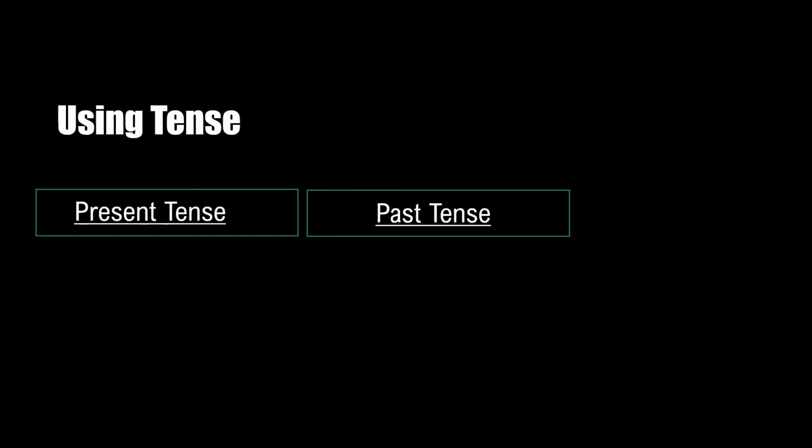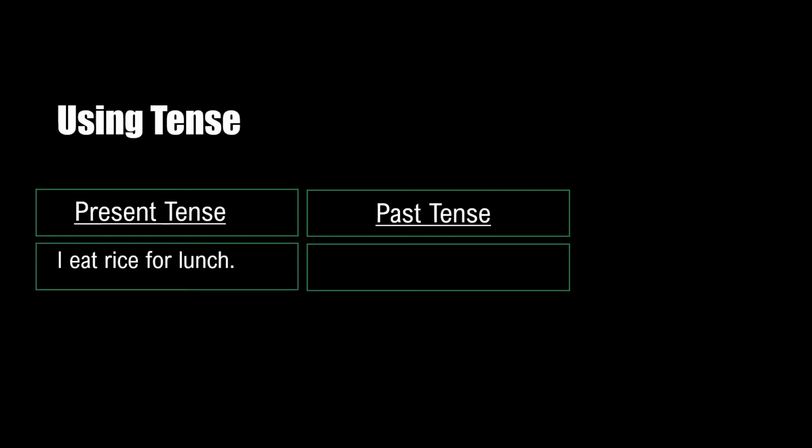Using the tenses. So when do we use present tense and when do we use past tense? Let us look at a few examples. I eat rice for lunch. This means I am eating rice every day or normally, that is what I have for lunch. So the verb in the present tense eat means something I am doing normally or every day.